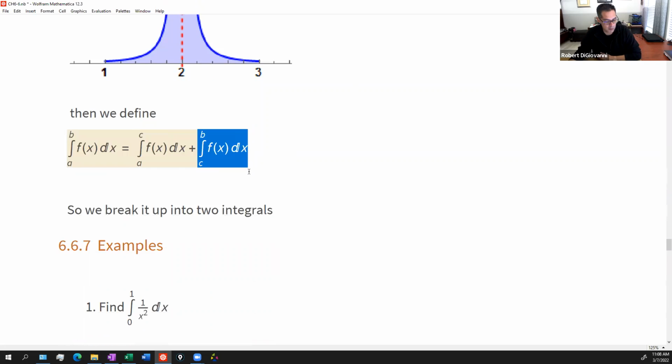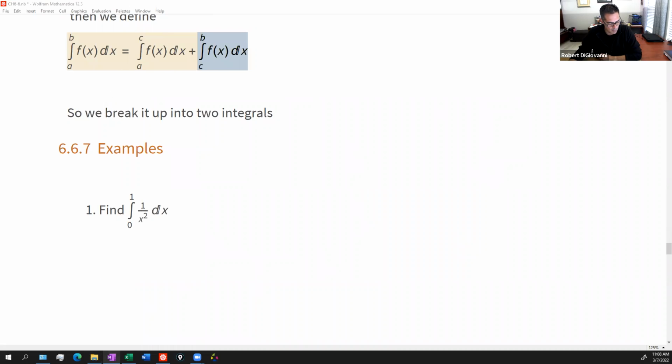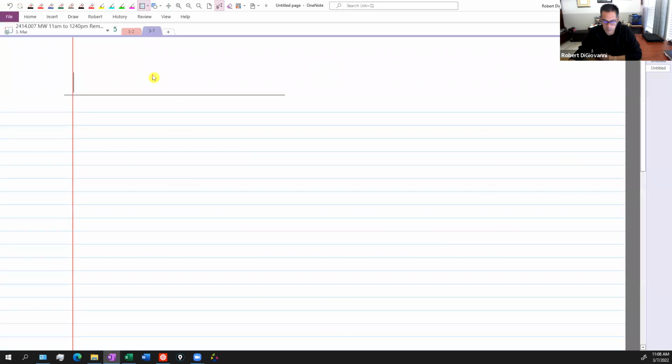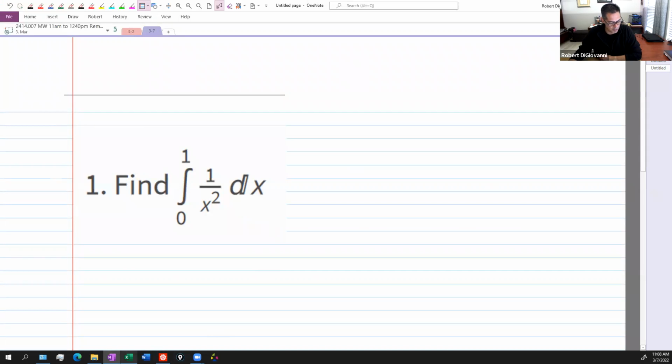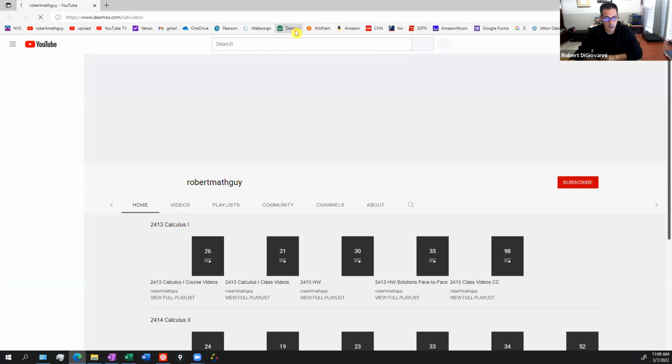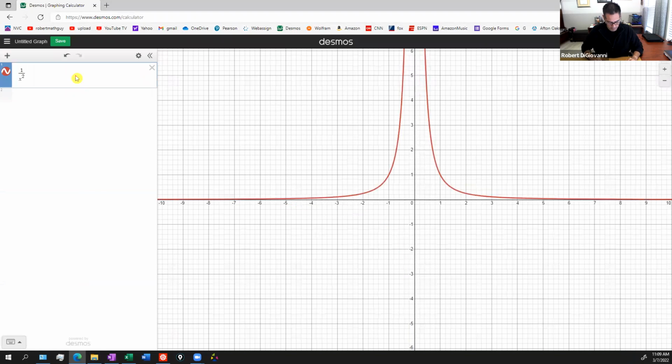Let's do some examples. So the first example is this one. And just for fun, let's take a look at the function 1 over x squared. We're only looking between 0 and 1. So 1 over x squared, but we're only looking when 0 is less than x is less than 1.